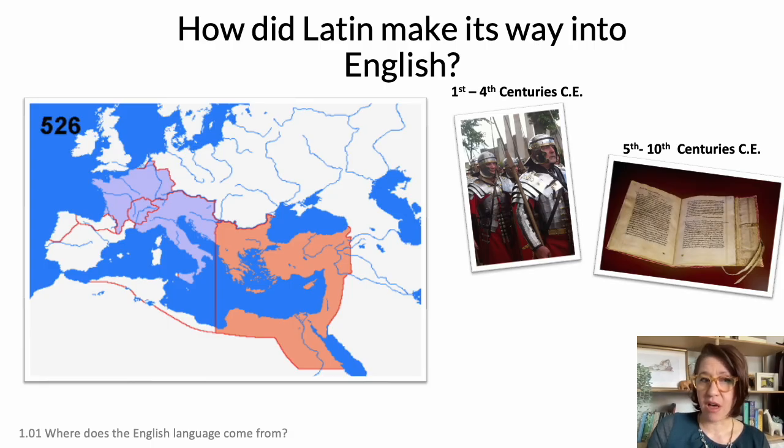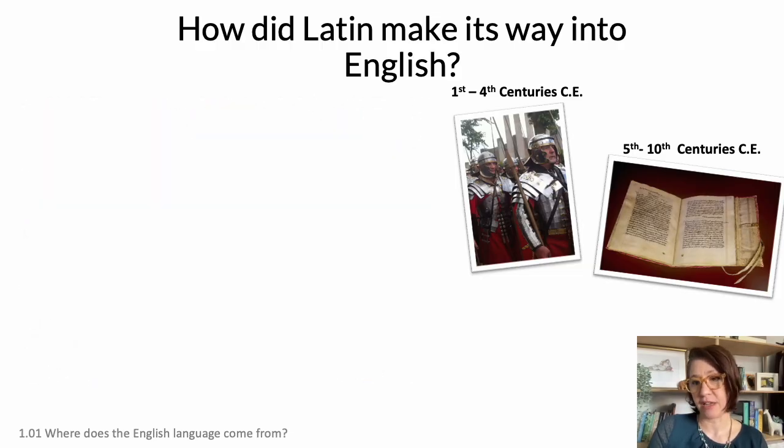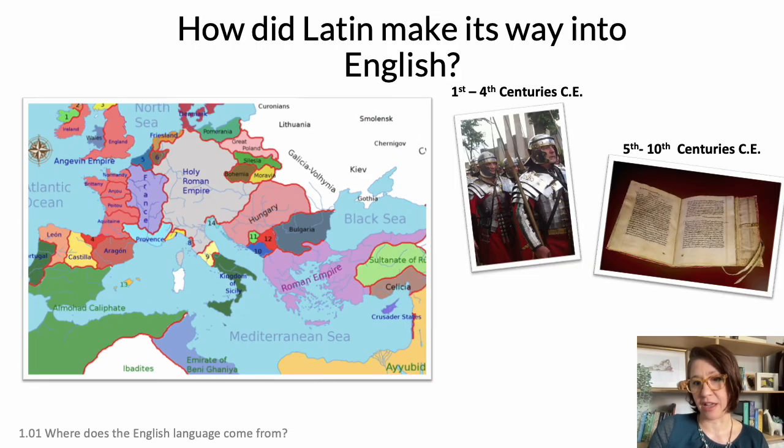At the same time, the Roman Empire split into two halves, East and West, and the Latin language continued to be spoken as it evolved into the Romance languages, French, Spanish, Italian and Romanian. The western half of the Roman Empire fragmented more and more throughout the 6th to 9th centuries. By the point we get to the 10th century, this is what things look like.